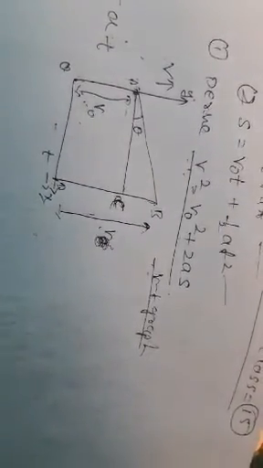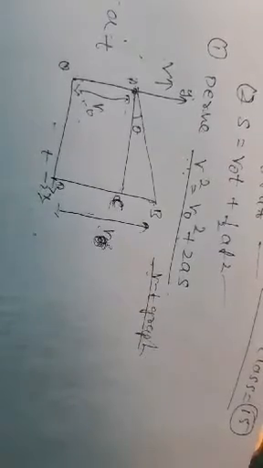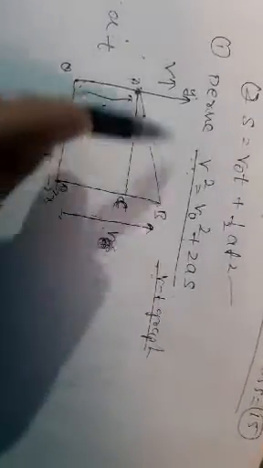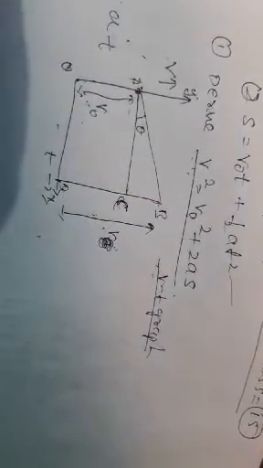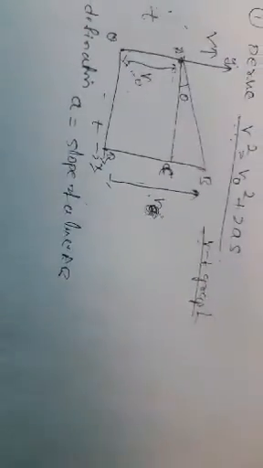By the definition of acceleration, the slope of the line AB is called acceleration.